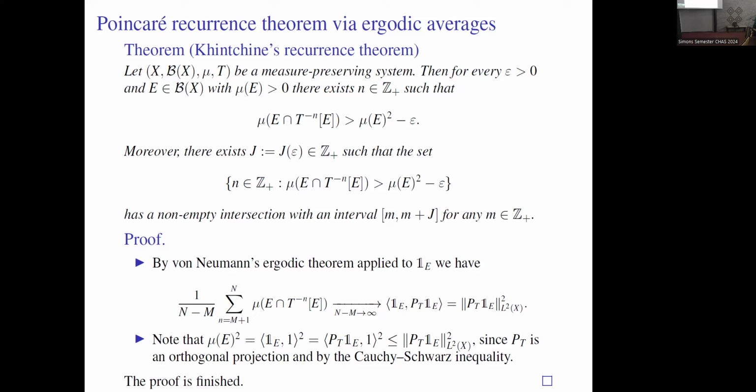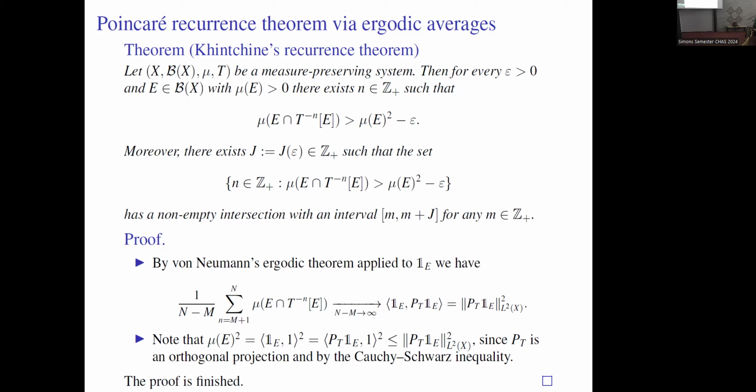But now let me show you how to deduce this. By the von Neumann ergodic theorem, applied to the characteristic function of E, which has positive measure, we obtain this. In fact, here we take the scalar product of the ergodic average with this characteristic function.